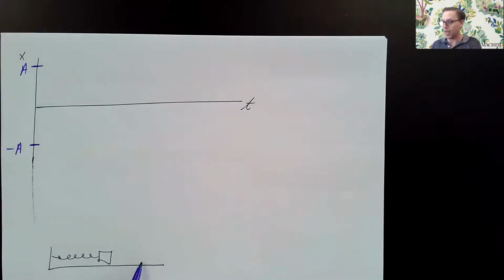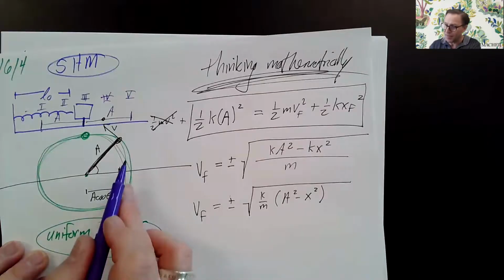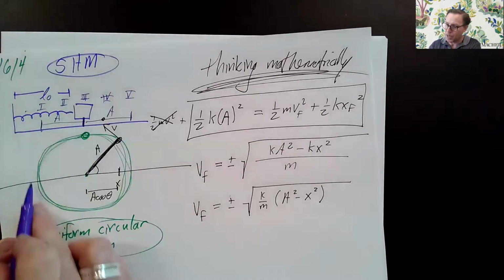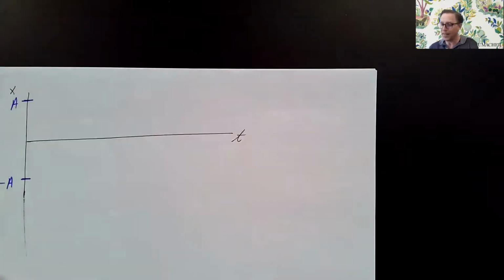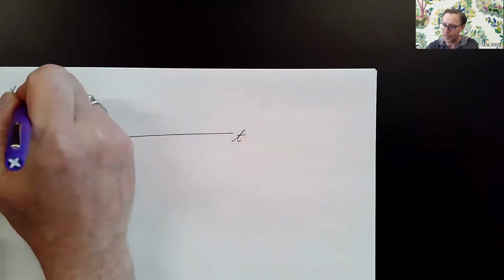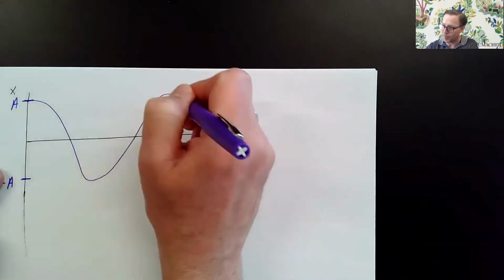So this would be a displacement of A, displacement of 0, displacement of negative A. And we see that the position as time changes goes back and forth with this cosine graph. Let's see if we can make that make sense. This is what a cosine graph looks like.